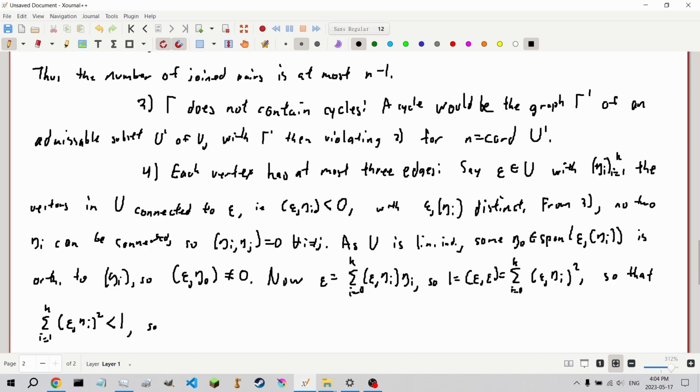So multiplying it by 4, we get that the sum of 4 (epsilon, eta_i) squared is less than 4.